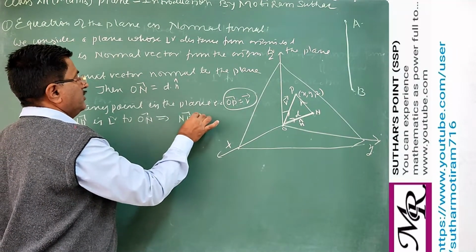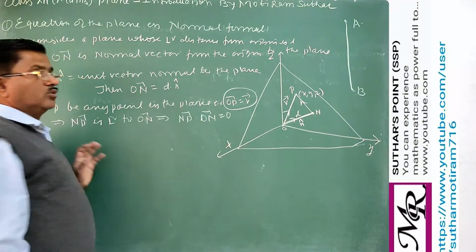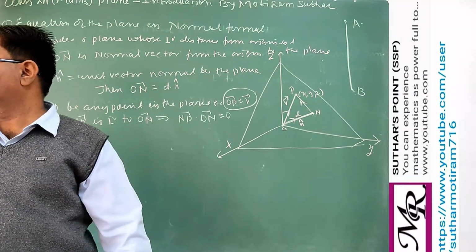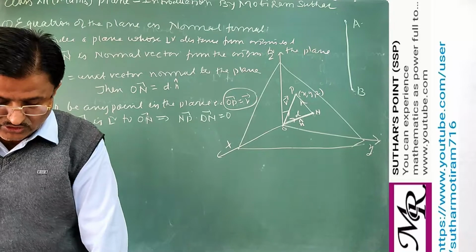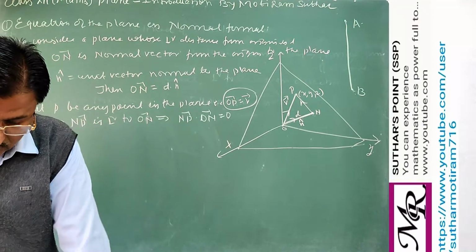So vector NP dot ON. As you know, when two vectors are perpendicular, their dot product is 0. So NP dot ON is equal to 0.